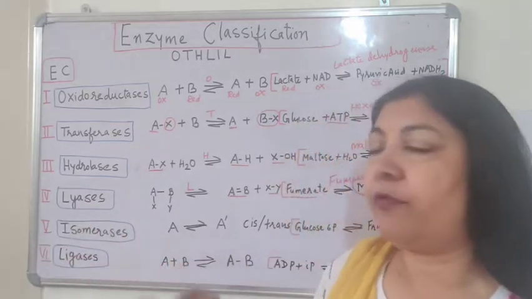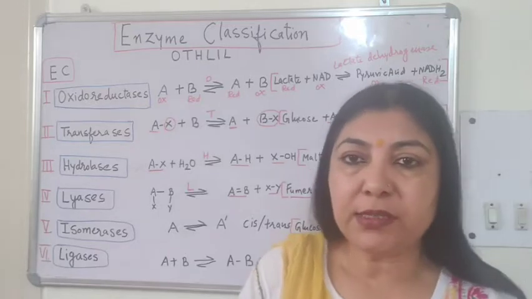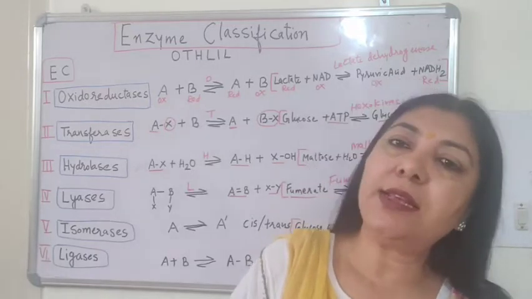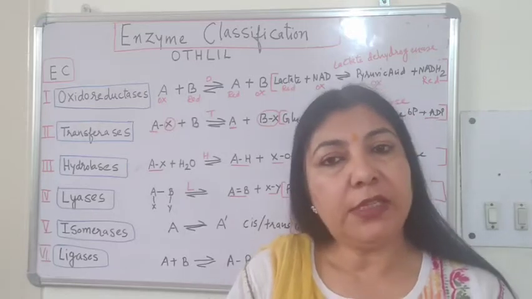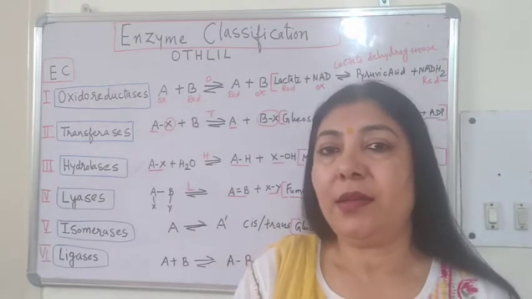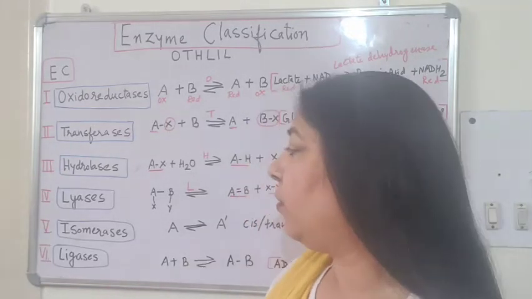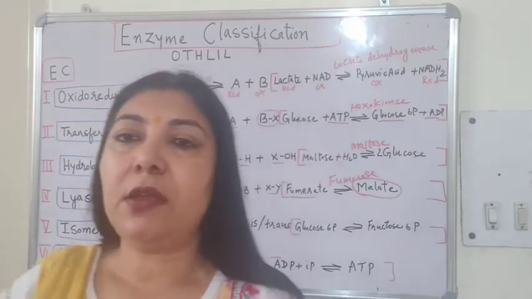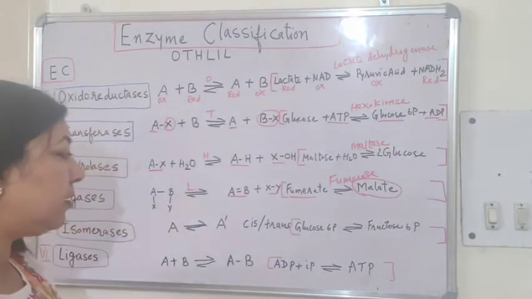And now class 5 is isomerases. As the name suggests, isomers. What are isomers? Isomers are those chemicals which have the same molecular formula but different structural formula. So here also, these isomerases will form isomers of some constituents.